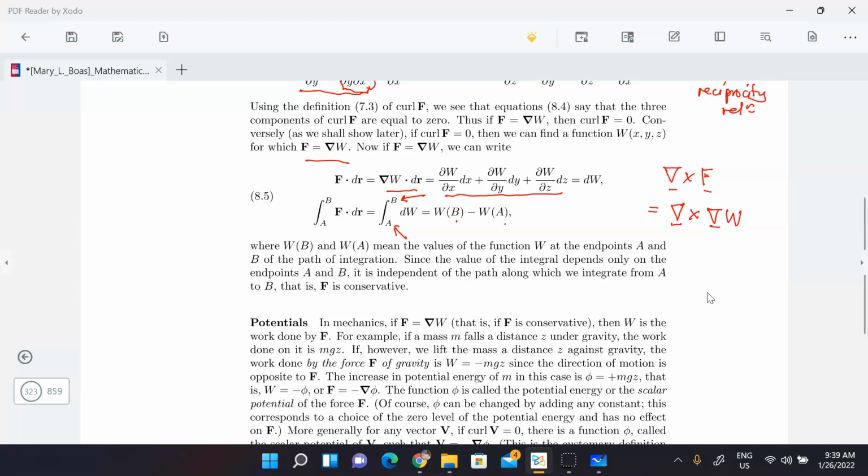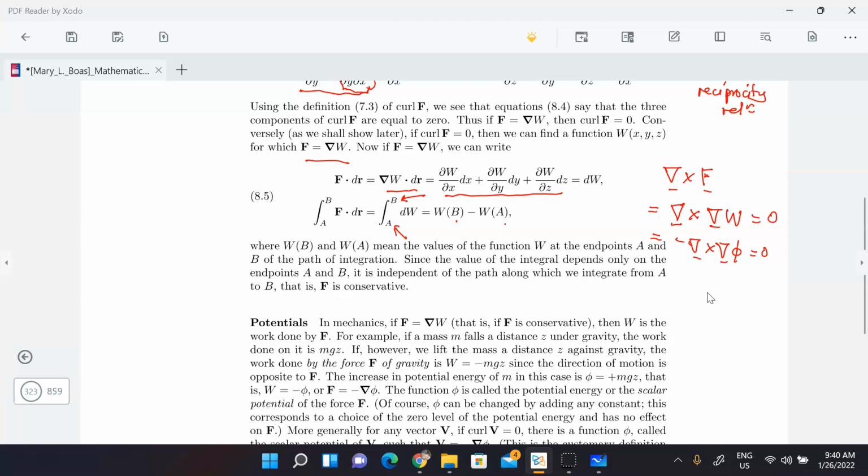When you take the gradient vector product with the gradient, this is equal to 0. Similarly, if you do it in the other form, the more physics friendly form, this is 0. So that is the thing that you can actually check before you begin the line integral. You can check whether the force is actually conservative or not.